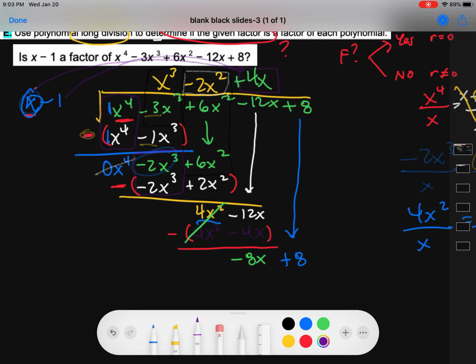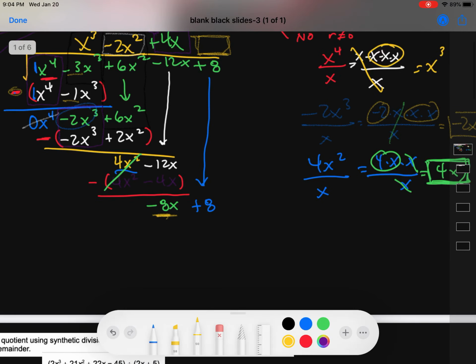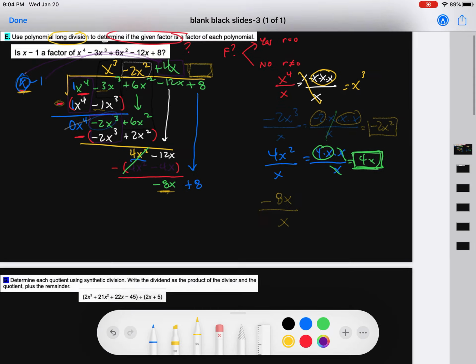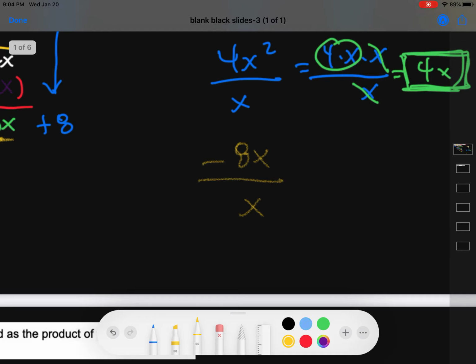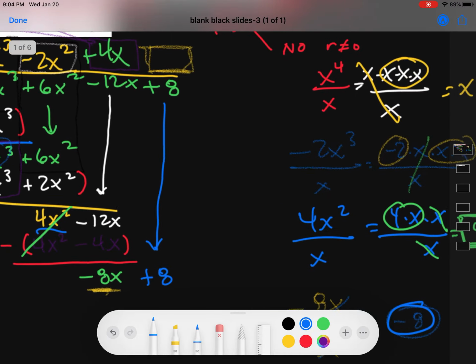Again, I'm going to do a side problem here: x going into negative 8x, and that's going to help us fill out that yellow box. So negative 8x divided by x. You'll see that these will cancel, and you're just left with negative 8. So let's give this negative 8 up here.